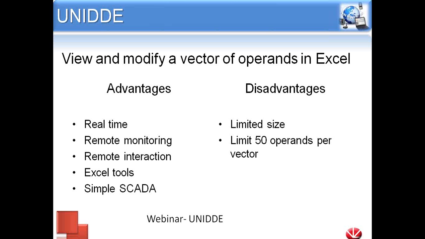We can have remote interaction with the operands. This is very useful, and this will not be the case in some of the softwares I will present in this webinar, is that we can change operands, modify operands in Excel using Uni DDE and send the new value to the PLC.